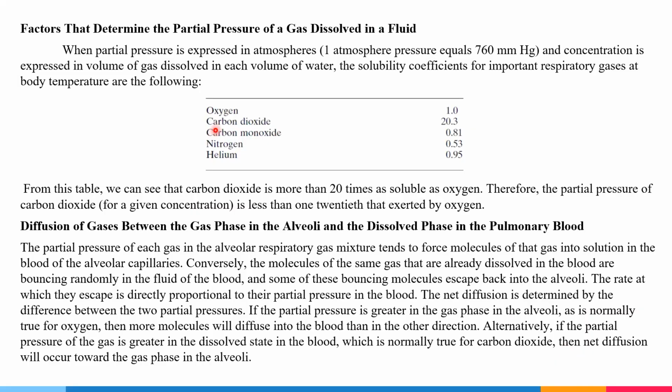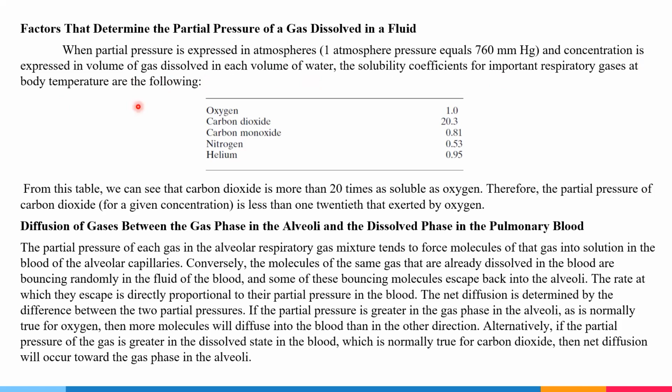When partial pressure is expressed in atmospheres, where 1 atmosphere equals 760 millimeters of mercury, the concentration is expressed in volume of the gas dissolved in each volume of water. The solubility coefficient for various important respiratory gases at body temperature is given as follows.